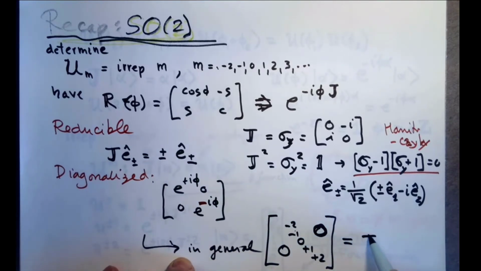That's the general J for irreducible representations, decomposed into a sum over J_m, where m is in the integers.